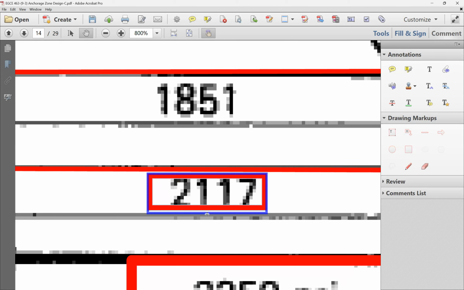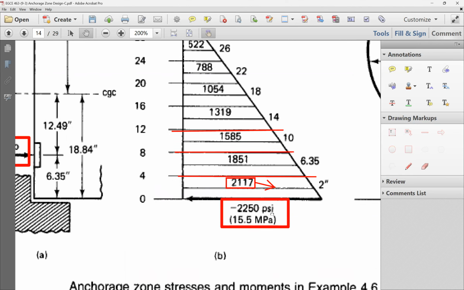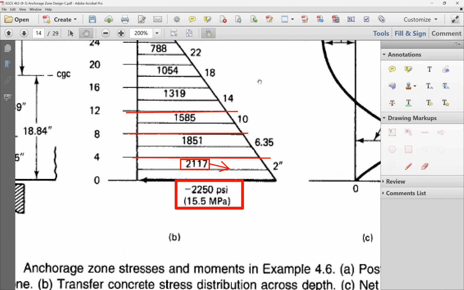It is going to be this one that I put the line on, the stress for this one here. How can we do the stress here? This is going to be simple by interpolation. If you know here's going to be 2250 and here's going to be 409, I can find out the slope. Take the slope, and start to come up with the stress at each mid height of each one of these segments.